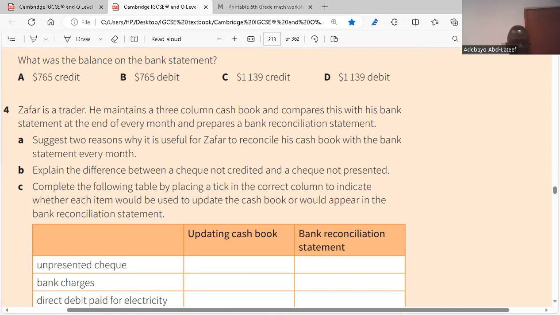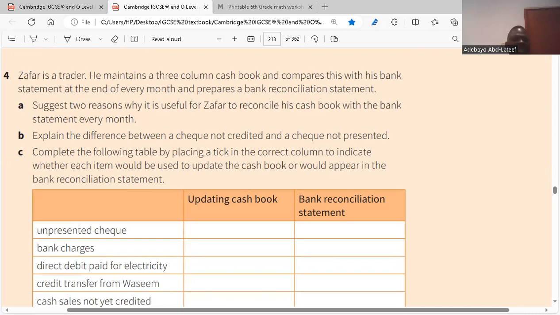Now B, explain the difference between a check not credited and a check not presented. A check not credited means that the amount has not yet been credited into the customer's account. That means the amount in question has not yet been given value in the customer's account.